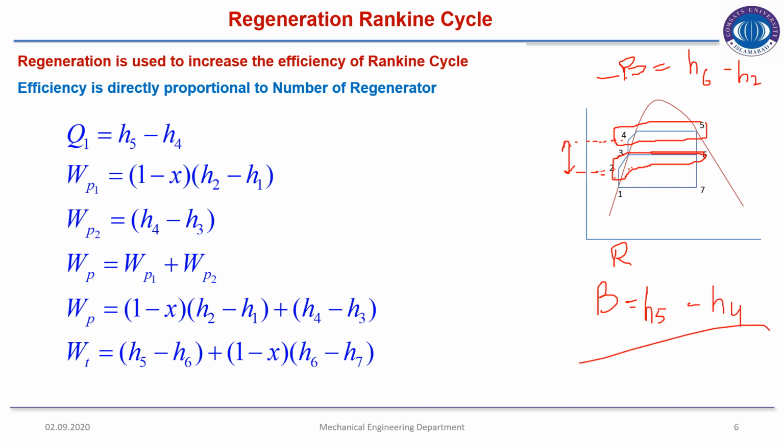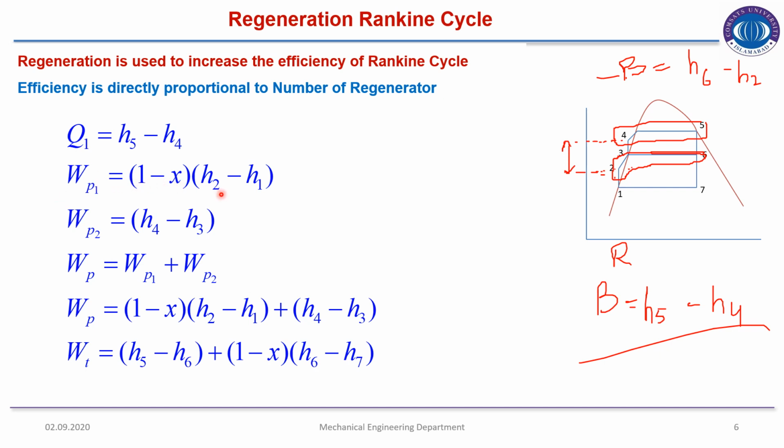So now we look into the mathematical relation. So Q1 is the amount of heat supplied through the boiler, that is H5 minus H4 when there is a regenerator connected, and WP1 and WP2 are the two pumps that are connected.